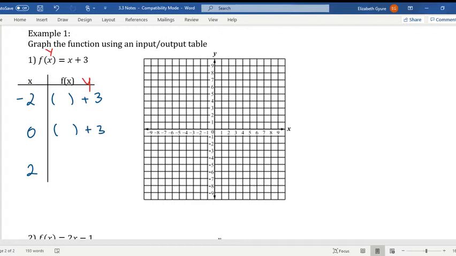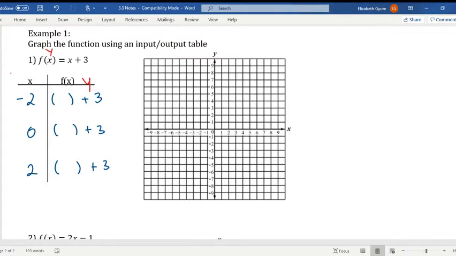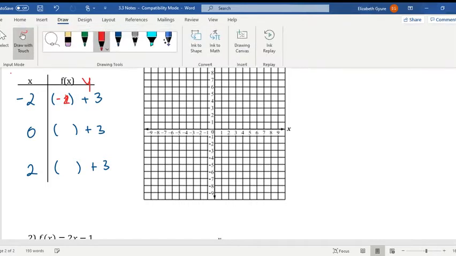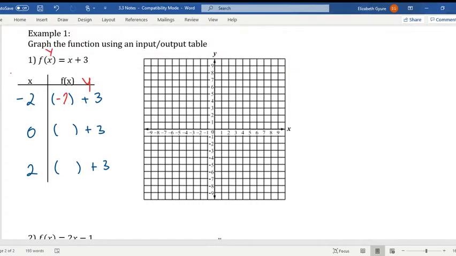So empty set of parentheses plus 3, empty parentheses plus 3. Now we're going to plug in the x value that we picked. So for this first one, we're going to plug in -2 because that's what our x value is on the other side. And really, you can plug in whatever you want. -2 is just a suggestion because I know that they work out well.